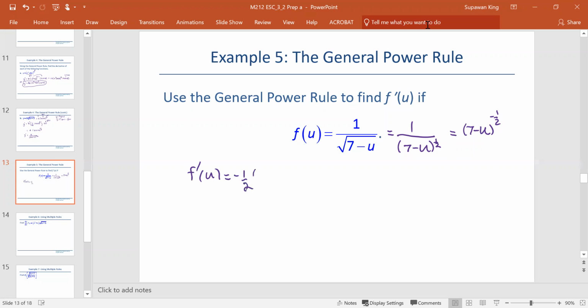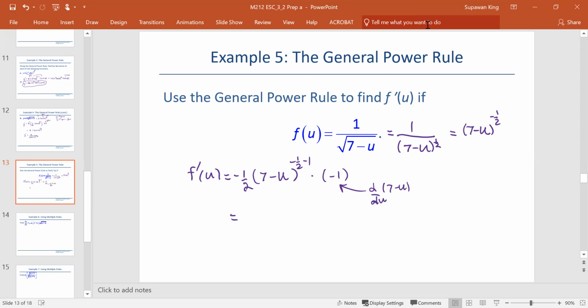So negative 1/2, the quantity raised to the power negative 1/2 minus 1 and multiplied by the derivative of 7 minus u, which is negative 1. This is the derivative of the inner function. And the inner function is still the input of the derivative of the outer function.